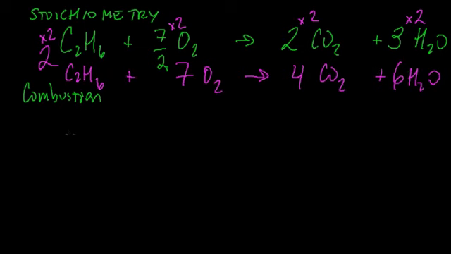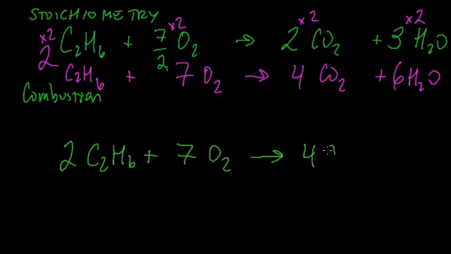Now we're talking about stoichiometry. So let me rewrite this chemical equation here so that we can do a problem on it. And I'm going to scroll down just a little bit.